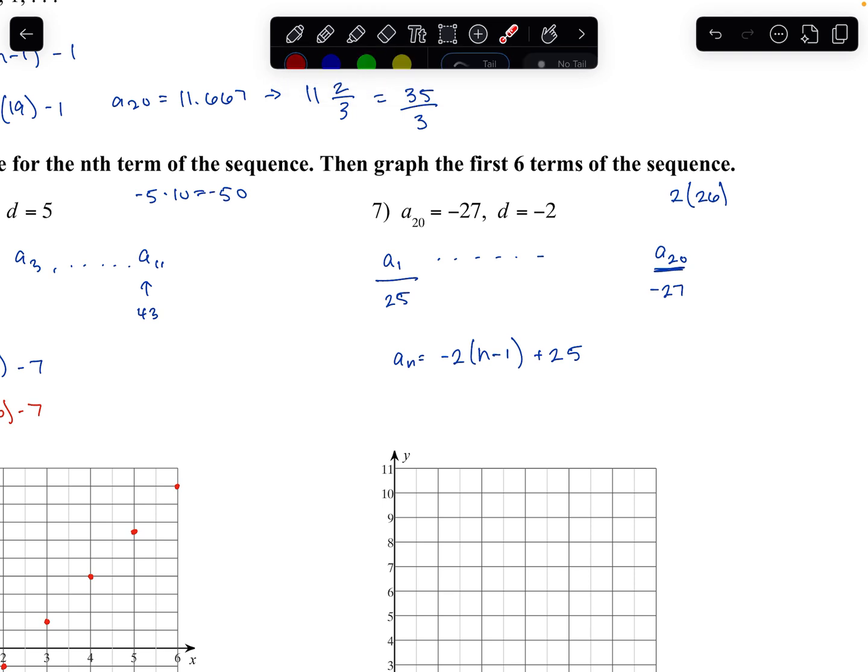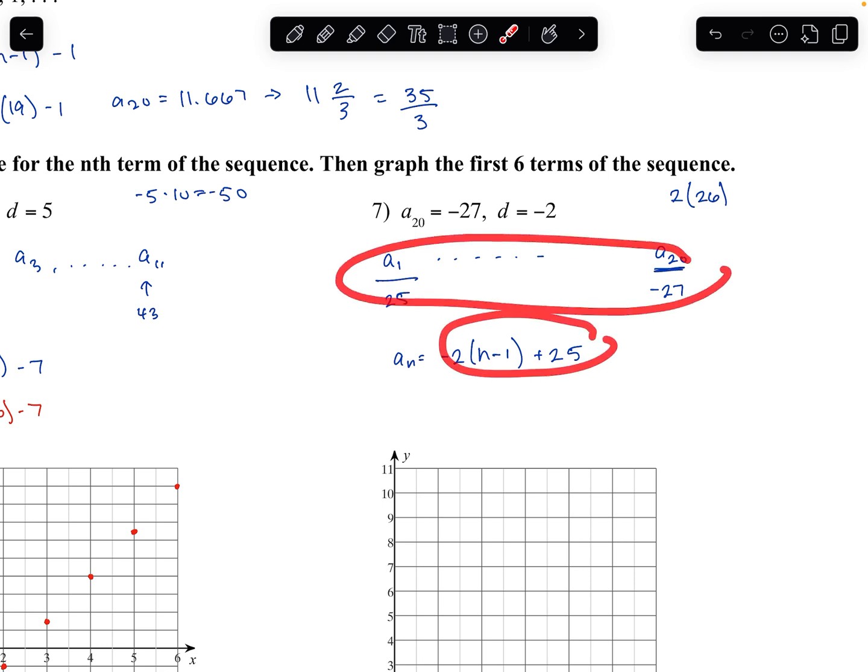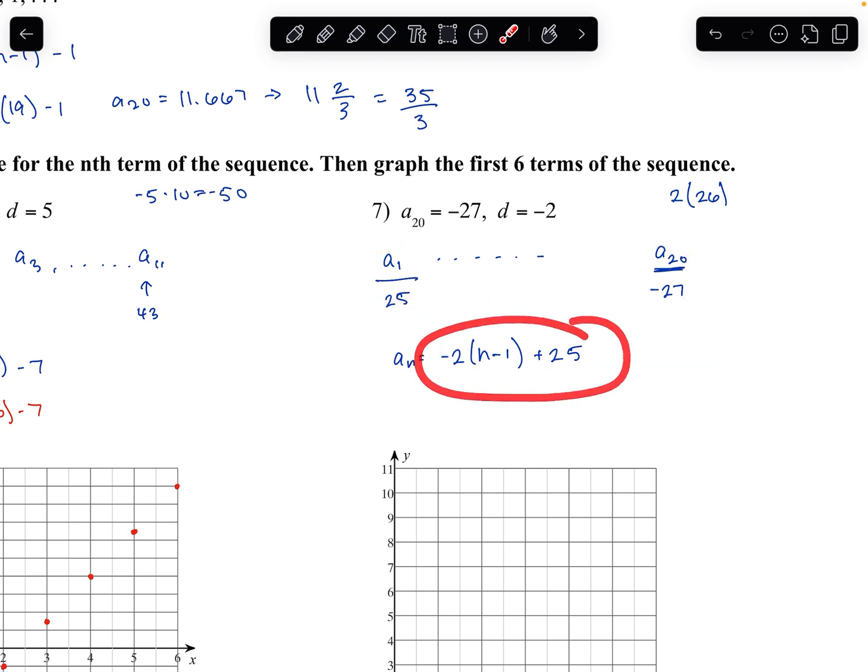The 20th term is negative 27, and the common difference is negative 2. For some reason, my logic is not matching up with my equation.